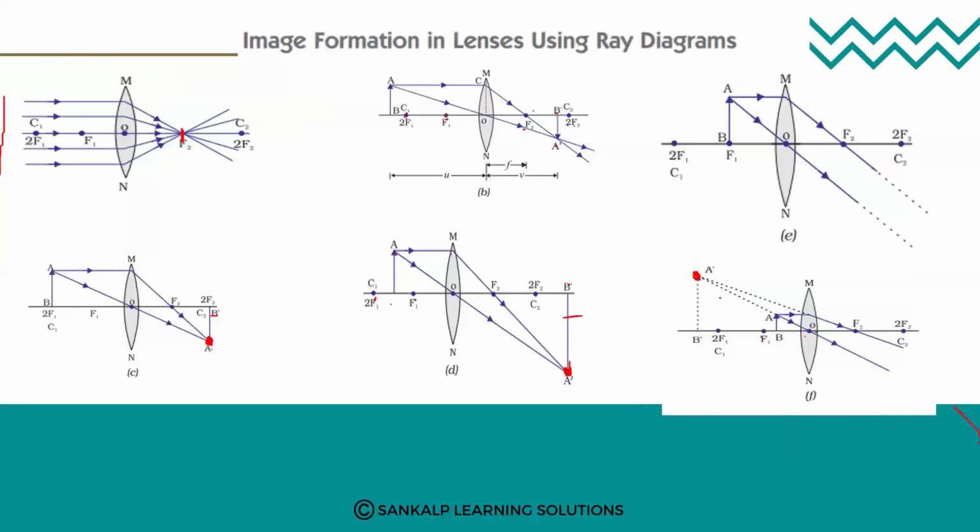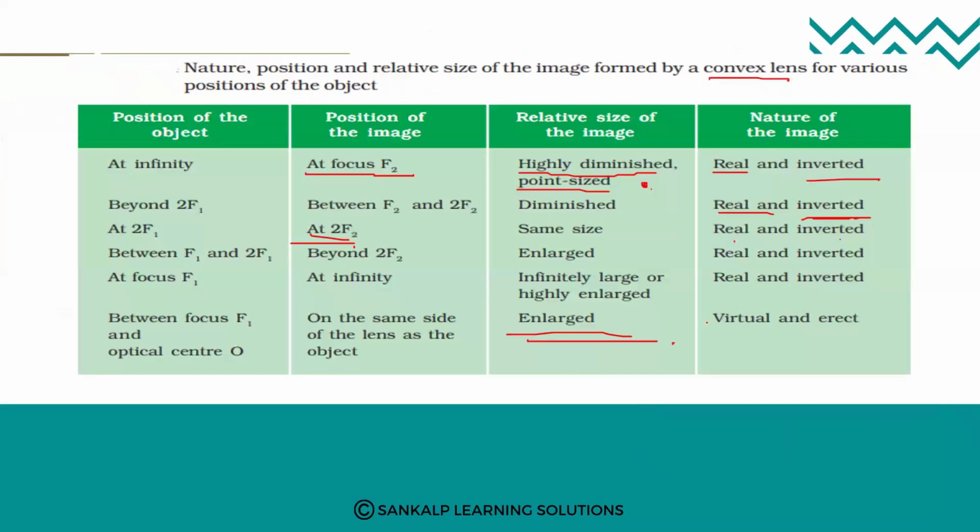This is the object and this is the image on the same side as the object, and it is an enlarged image we are getting. And this is virtual and erect. This is important. You get a virtual and erect image when you place the object between focus f1 and optic center O. Remember, this is very, very important.